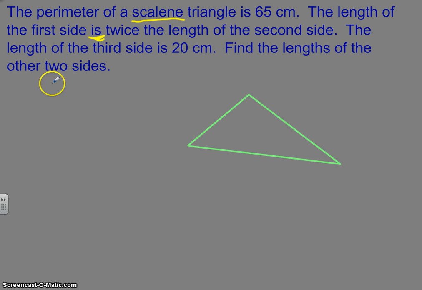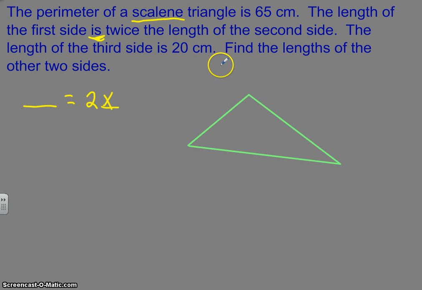Who knows? Length of the first side is twice the length of the second side, okay? So the second side we are going to call x, and then the first side, since it's twice the length of that, we'll call it 2x.